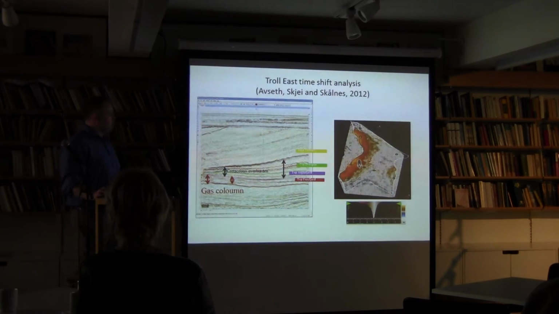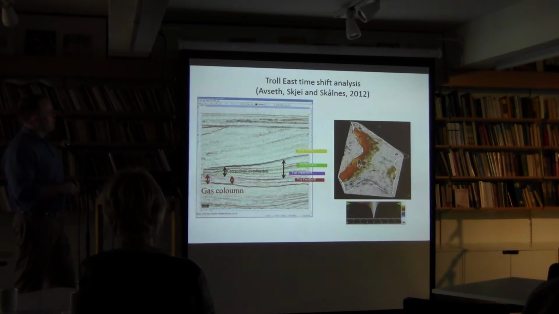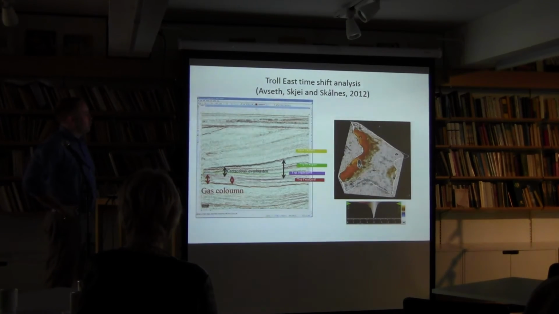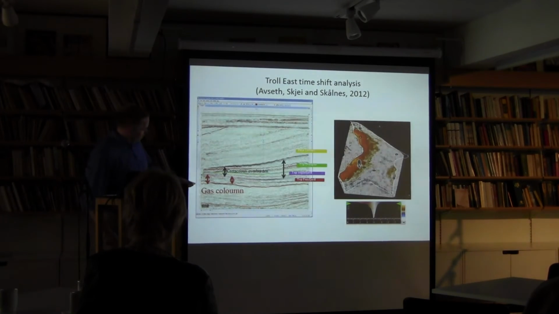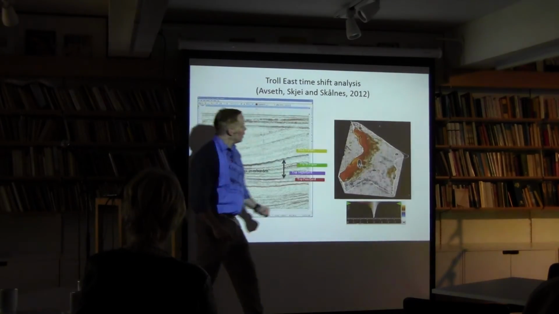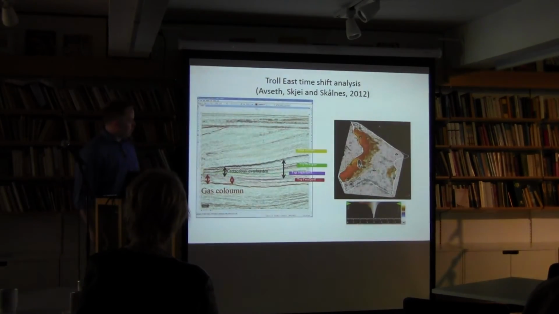Another example from Troll East is now not the amplitudes but more a time shift. There was some work we've done with Nordin Skei and also Stålnes that's been presented at some workshops and will also soon be published. What you see here is the Troll East fault block, and this is a time shift at the gas-water contact.